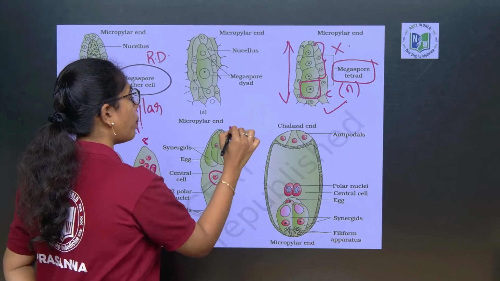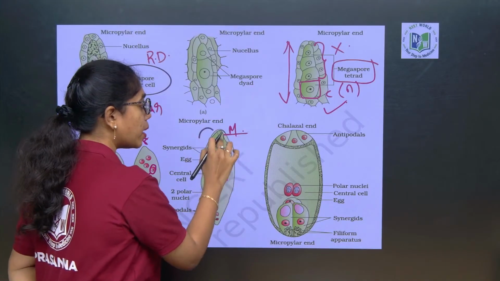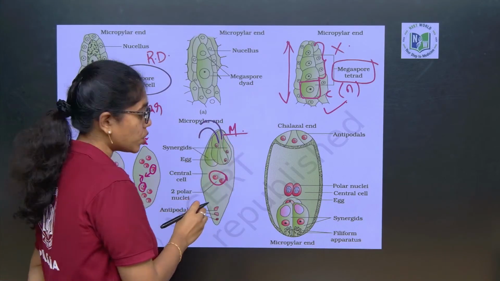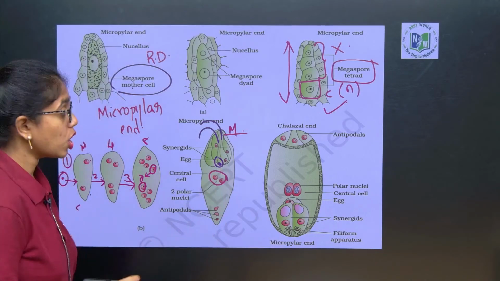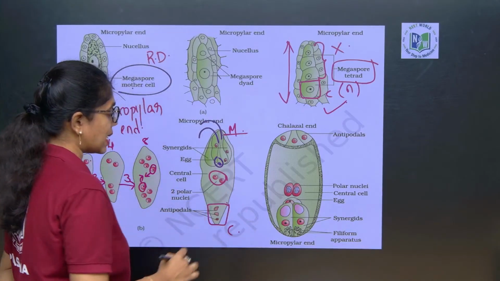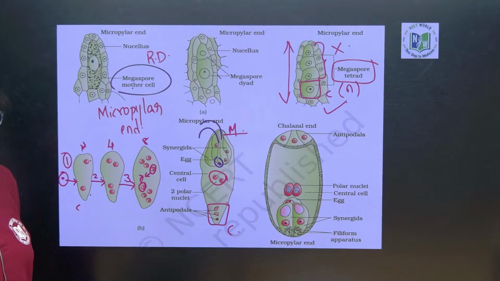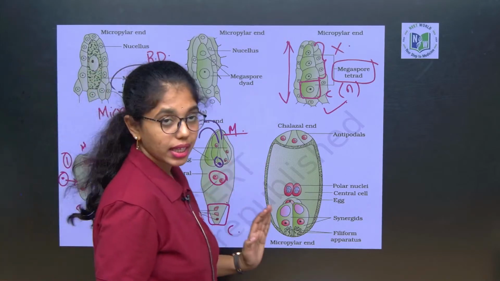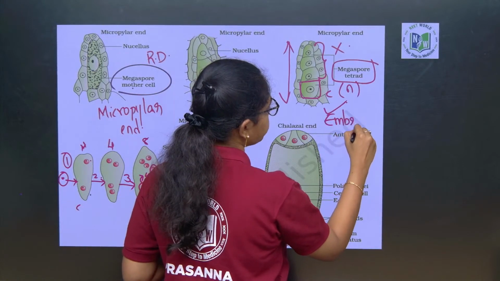At micropylar end, you can find 2 synergids to mediate the pollen tube entry at this region and an egg cell above the synergid cells. Opposite to that, you have chalazal end where 3 antipodal cells are present, and at the center you can find 2 polar nuclei. Here you see the embryo sac.